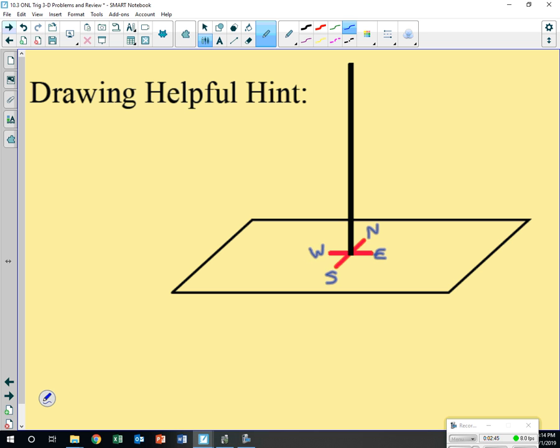So let's say that somebody walks west so many feet, and then they go south so many feet. Now, that doesn't look like west and southwest, maybe, but south, no.